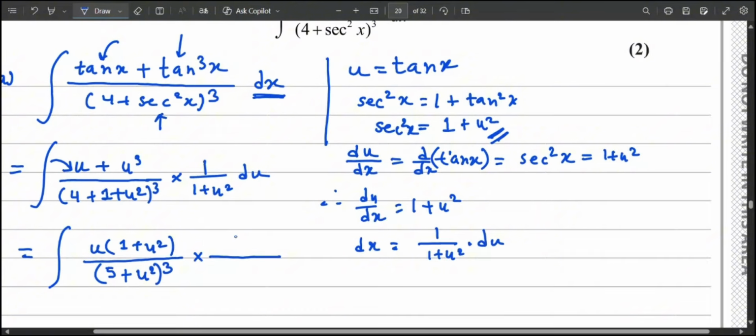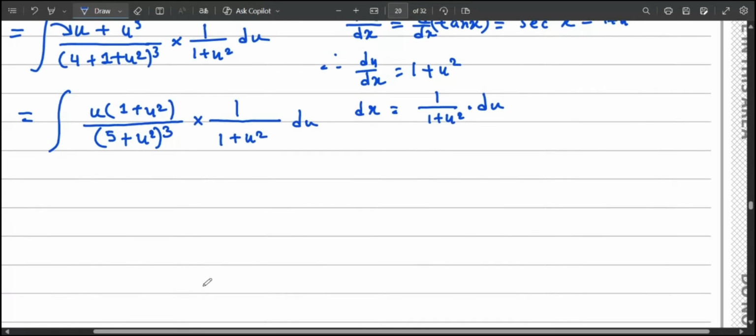On the second fraction, we have 1 divided by 1 plus u square du. From this, we can see that 1 plus u square is a common term in the numerator and the denominator of the two opposite fractions, so we can cancel them out.